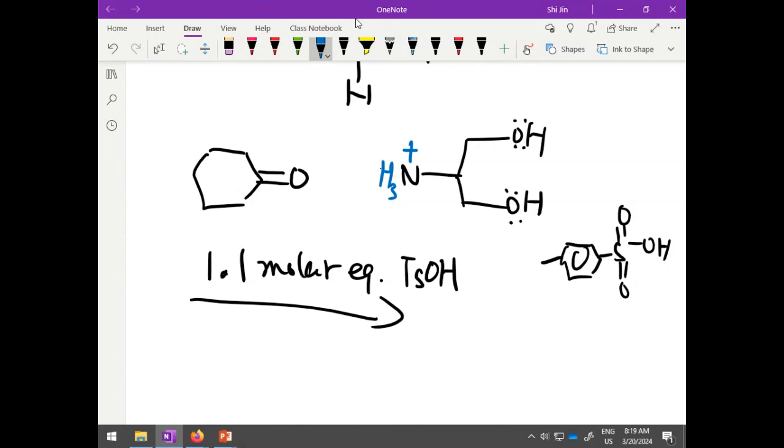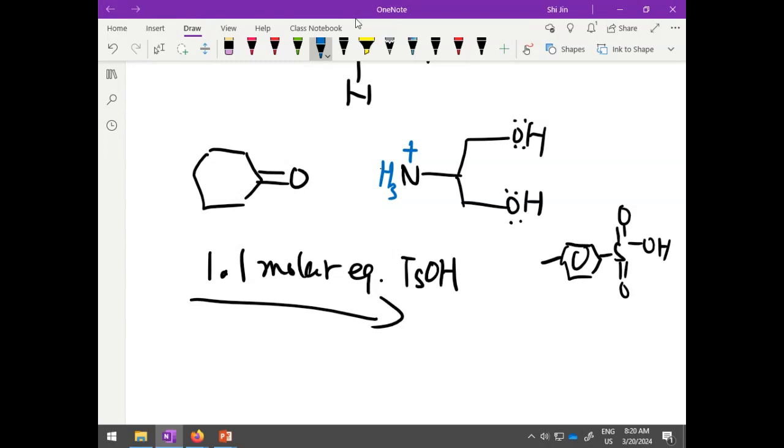In this case, the nitrogen can no longer be nucleophilic because it's fully protonated. So the only nucleophile you have there is the oxygen. And now the alcohol, as we know, can react with a carbonyl under acid catalyst, because with 1.1 molar equivalent, still 0.1 molar equivalent of acid is left over to serve as a catalyst.